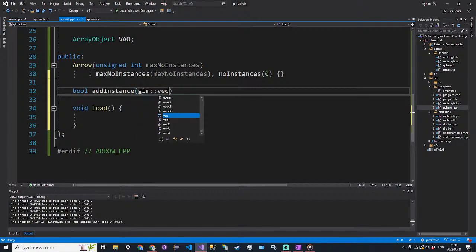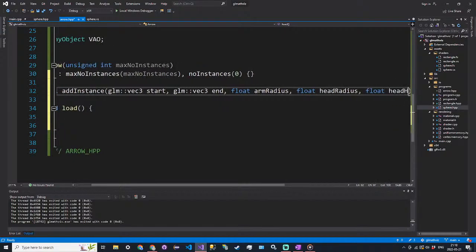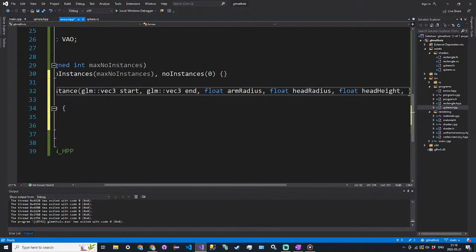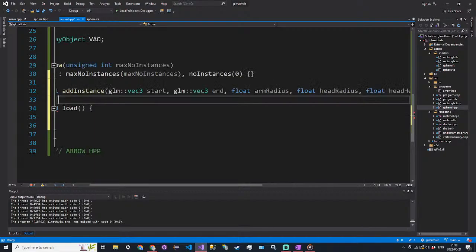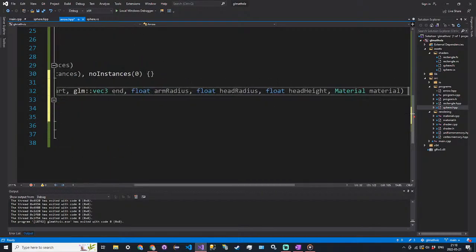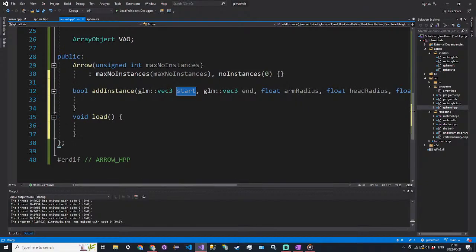We pass in a glm vec3 start, a glm vec3 end, float arm radius, float head radius, float head height, and then we will also have a material for the color. Bunch of parameters. So start point, end point, arm radius, head height, and then material for the colors.